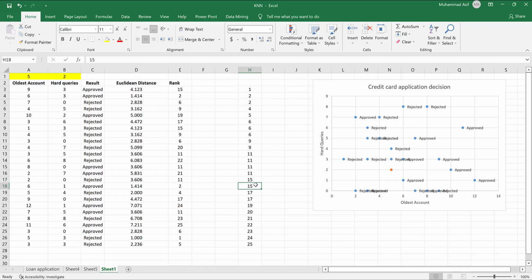Then 17 appears 2 times, which means 18 will be missing here, and then 19 20. So that is the default ranking function in Excel, which means it will skip some numbers.